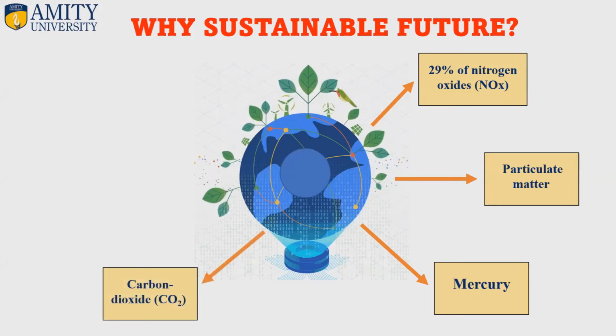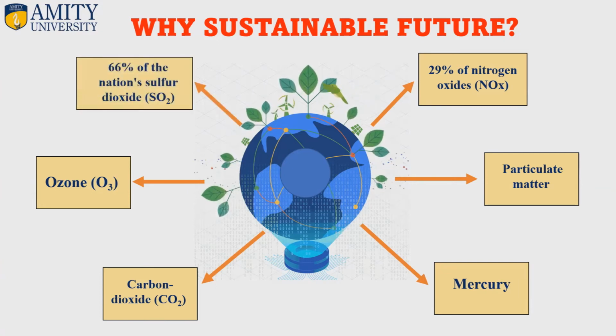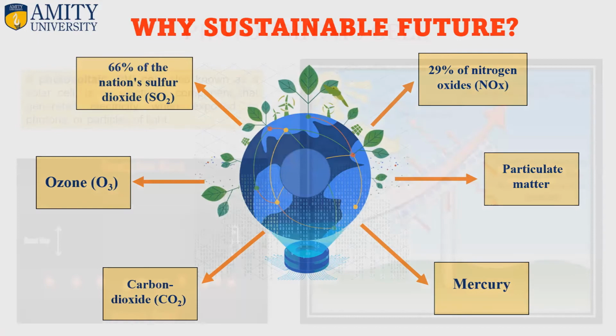Carbon dioxide is a greenhouse gas that contributes to global climate change. Ozone occurs naturally in the upper atmosphere where it is beneficial. However, ozone in the lower atmosphere creates urban haze, which we call smog. 66% of the nation's sulfur dioxide causes acid rain. It also comes from electricity generation.